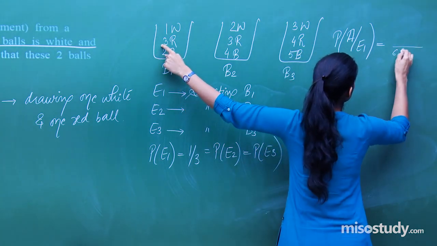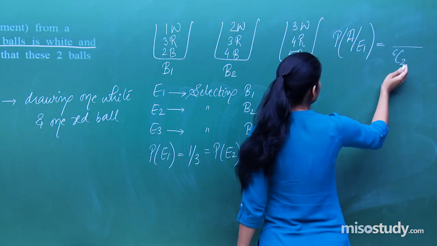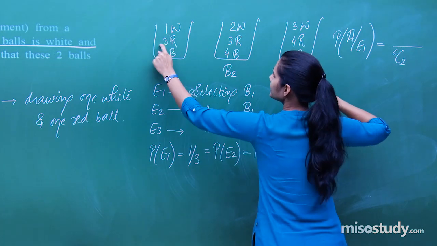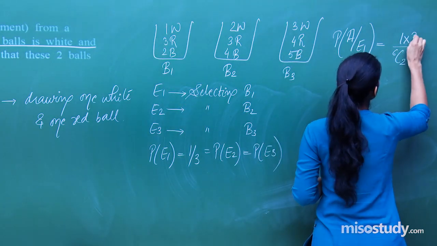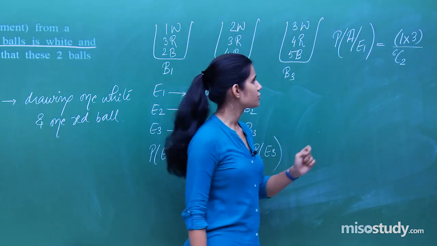See, out of the 6 available balls in box 1, 2 balls need to be selected. So that can be done in 6C2 ways. I want one white and one red. So 1 into 3 upon 6C2 is the probability that one white and one red ball was drawn from box 1.